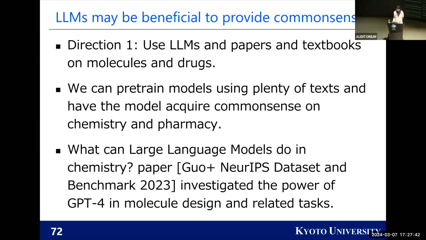One of them is the paper "What can large language models do in chemistry?", which investigated the power of GPT-4 in molecular design related tasks. On some tasks GPT-4 succeeded in overcoming this kind of problem, but the success is still limited in others.